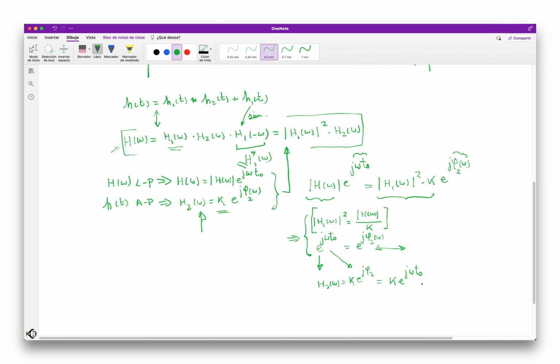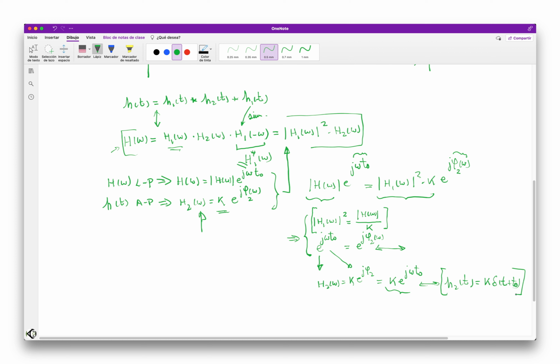And now, if we take the Fourier transform of this, h2 of t is the inverse Fourier transform, which is an immediate one, k times delta of t plus t0. So these are the two conditions that they were asking of us.